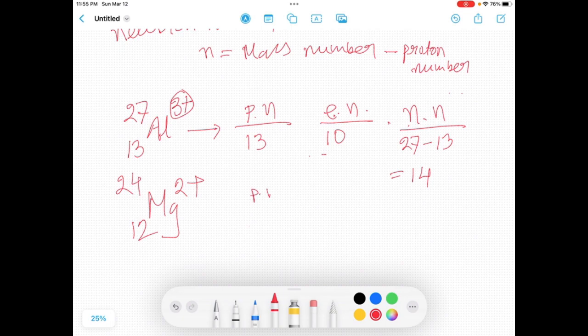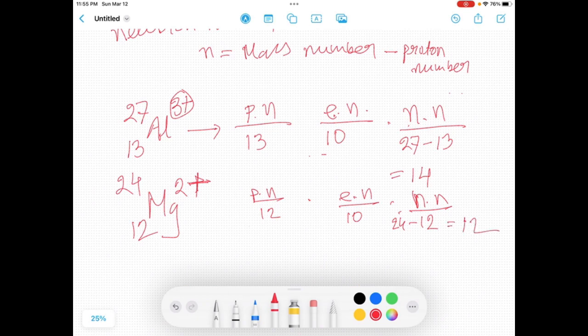Here the proton number will be 12, the electron number will be 10 because the charge is 2 plus, and the neutron number will be 12 because 24 minus 12 equals 12.